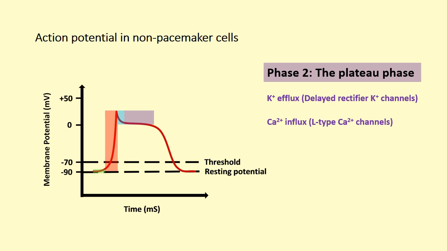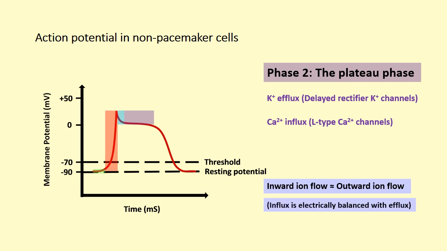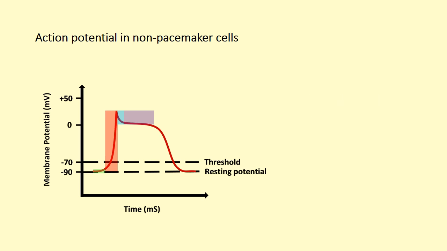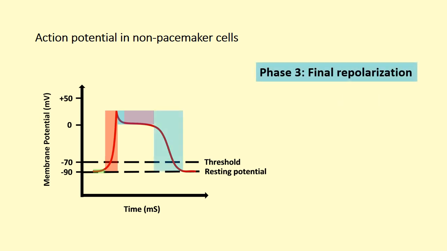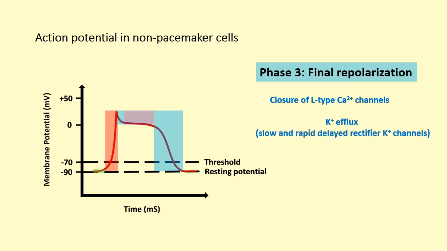At this stage, the inward flow of ions is almost equal to the outward flow of ions, so the membrane potential remains almost constant. In phase 3, L-type calcium channels begin to close. Also, slow delayed rectifier potassium channels and rapid delayed rectifier potassium channels open, and potassium ions leave the cell.